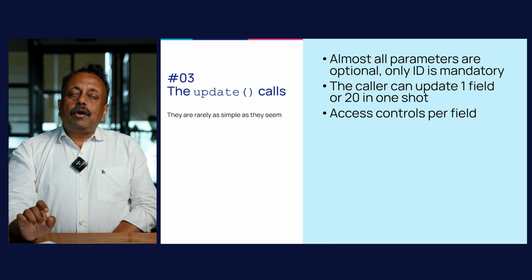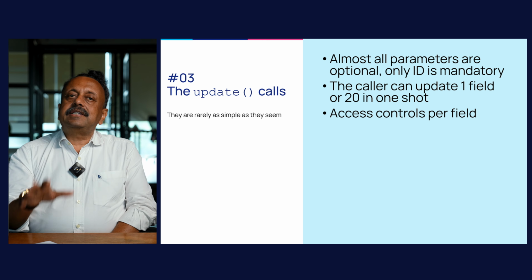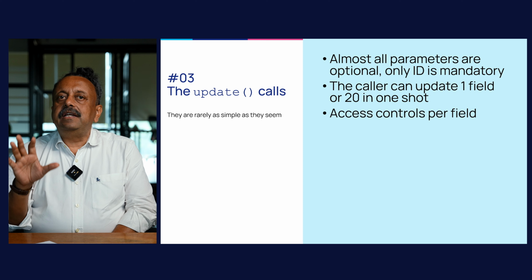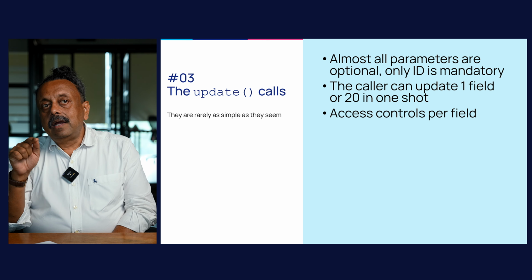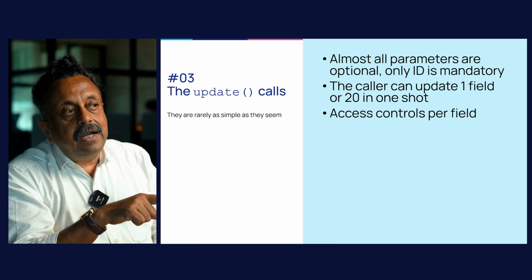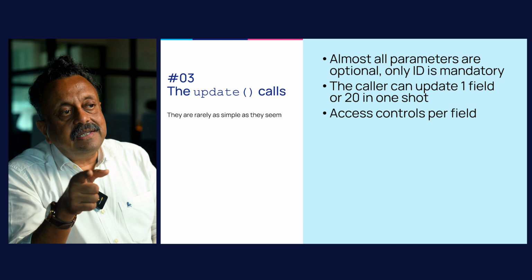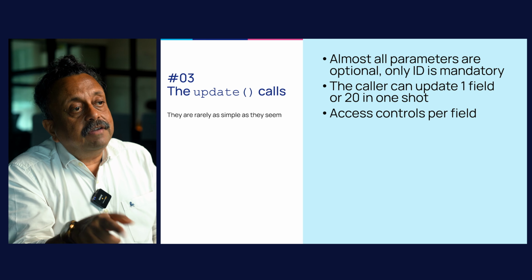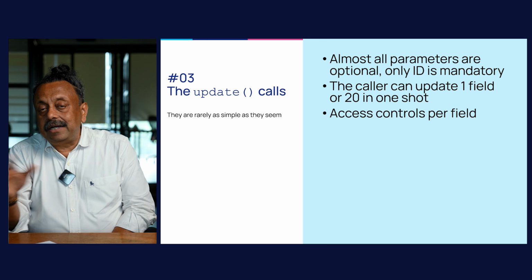Now, what is interesting often in complicated business applications is that there are often access controls per field. What this means is, I am allowed to update this particular field if the object is in this state, but I am not allowed to update the same field if the object is in a different state, and so on and so forth.